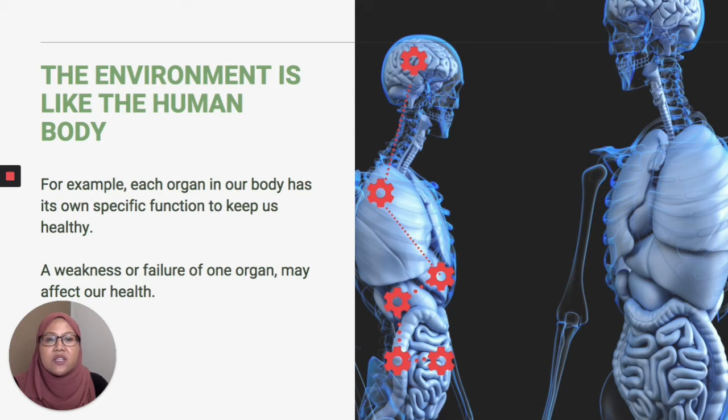Imagine if one organ cannot function well, it might affect the functions of other organs, and eventually make us unhealthy. So if we think about landscapes or places like the human body, then we can begin to imagine how everything in the environment is connected to each other.